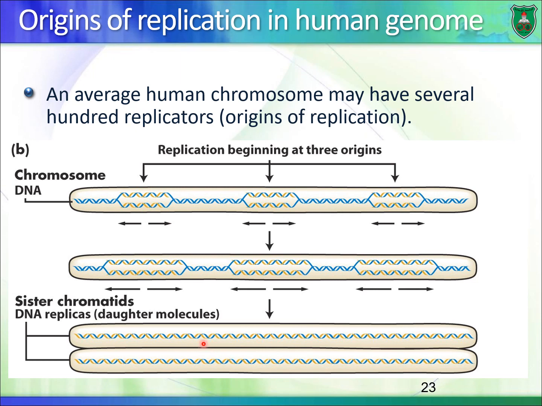Notice that you also have one old strand and one new strand. So DNA replication in eukaryotic cells and in human cells can be finished in a short time.